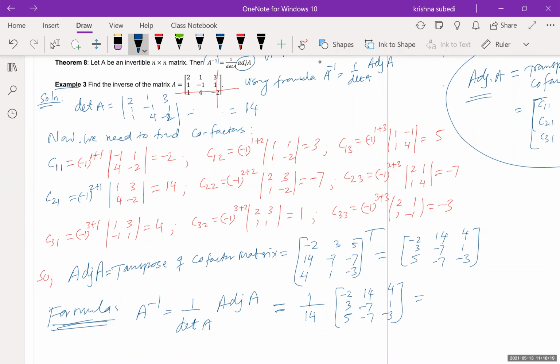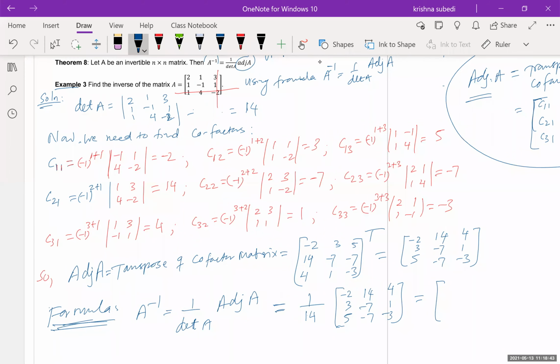Okay, so you can just write that way, or if you want, you can write down -2 divided by 14, and so on. So if you divide everything, this is a matrix, this is not a determinant, okay? For a matrix, you have to divide every element in the matrix by 14.